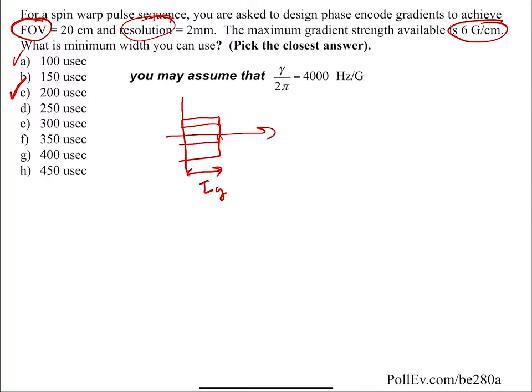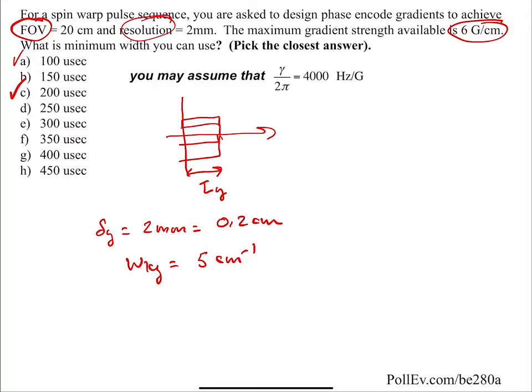So now we know resolution: delta y is equal to 2 millimeters, which is 0.2 centimeters, right? So I know my WK sub y is equal to 1 over that, so that's 5 inverse centimeters?